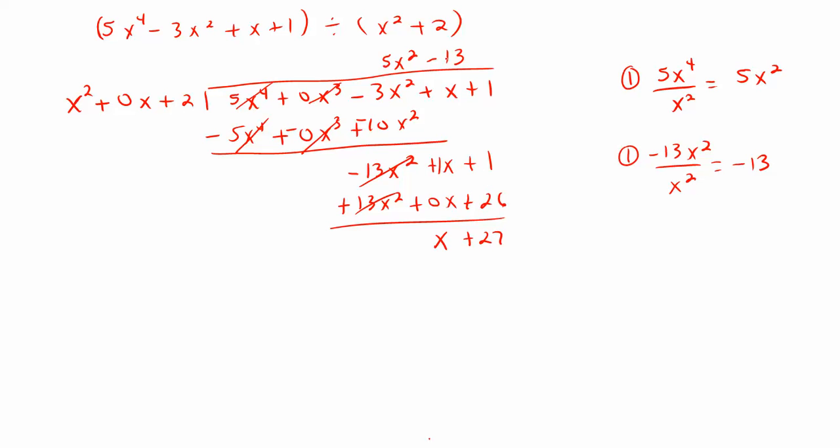So I get 5x squared minus 13 with a remainder of x plus 27. Okay, so divide, multiply, subtract, bring down, start over. If you need to pause the video, this would be a good time to pause it to look at this particular problem.